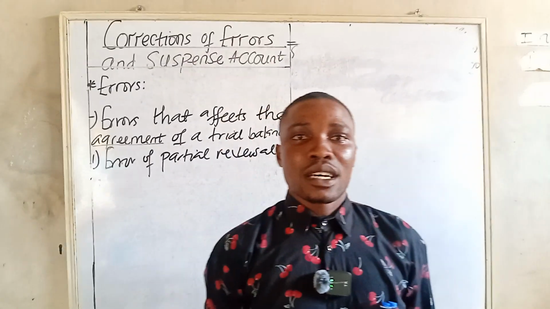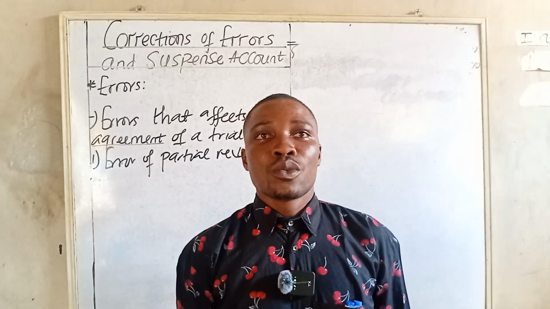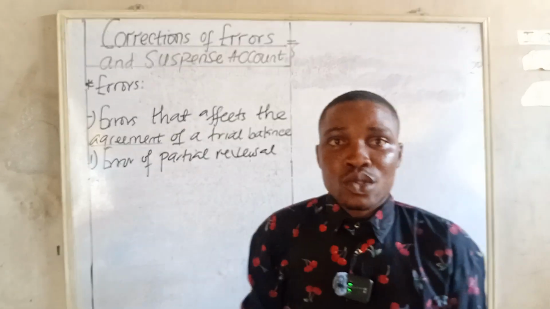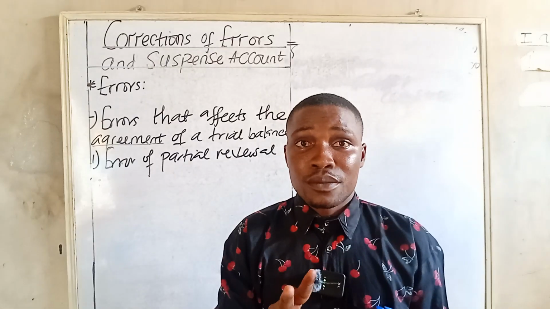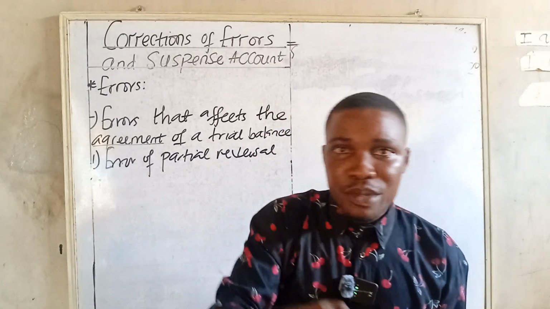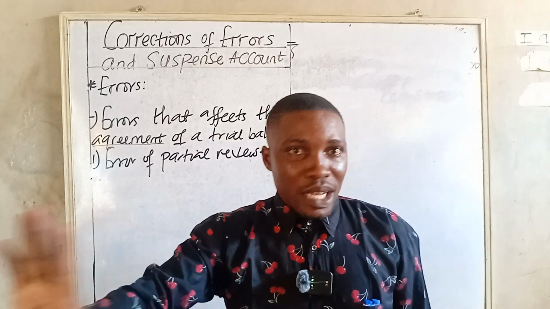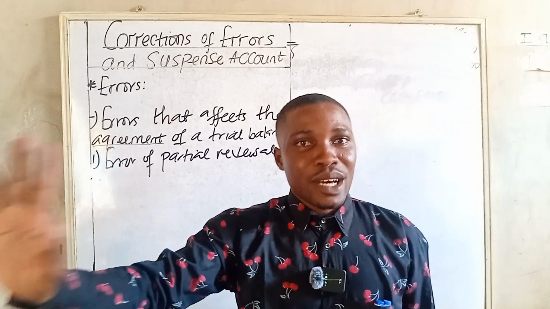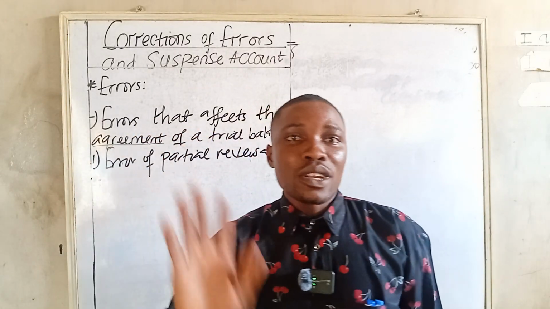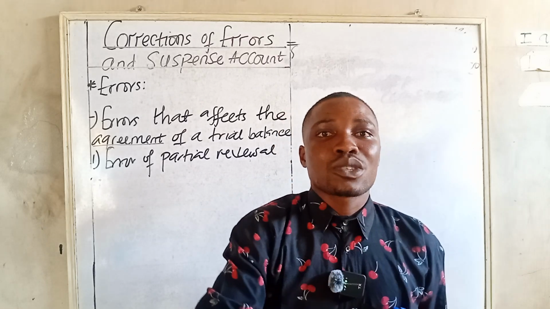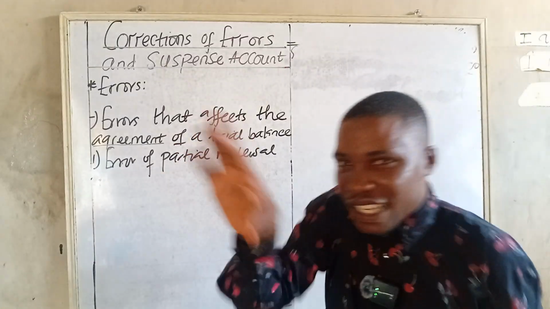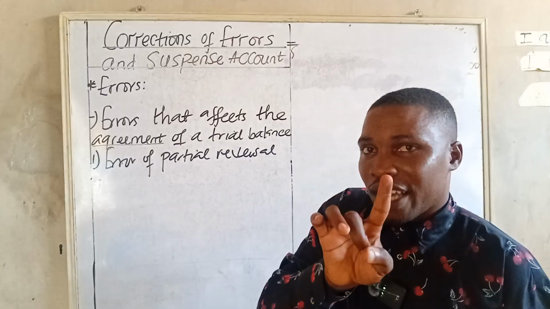Error of partial reversal is an error where one part of the account, we must have two accounts, is being reversed. We are supposed to debit it, we now credit it. The other leg is balanced. Listen, the other leg is balanced. We have recorded that one correctly. Then the second leg, we are supposed to debit, we now go and credit. So we call it error of partial reversal. We only reverse just one side of the account.